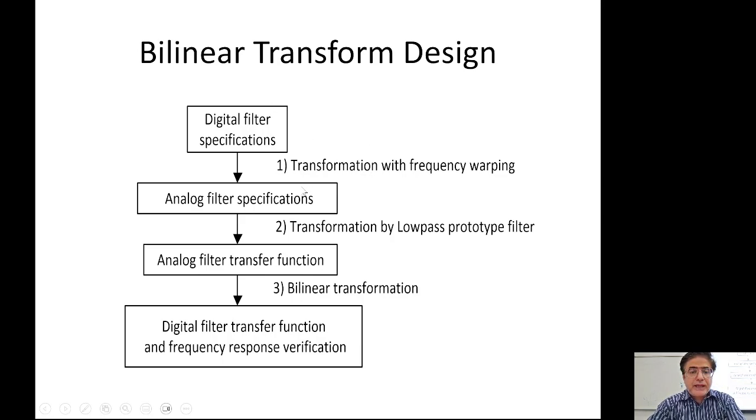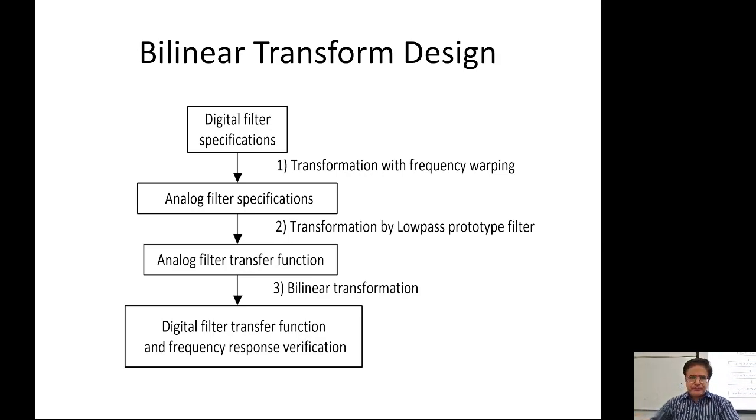We apply some sort of transformation to get the specifications of the corresponding analog filter, and once we have the specification of the corresponding analog filter, we take a low pass prototype analog filter, convert this into an analog filter of these specifications. Once we have the corresponding analog filter, then we apply a bilinear transformation to get the transfer function of the digital filter. So far so good, right? So this is the entire setup.